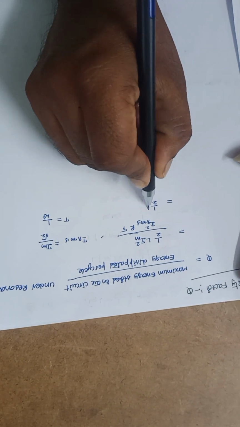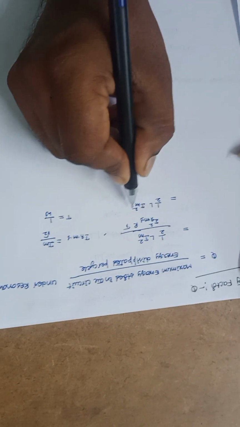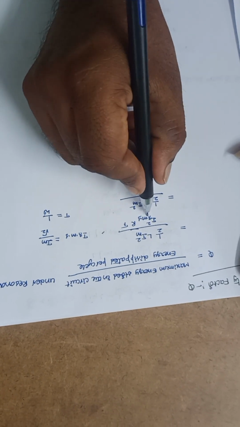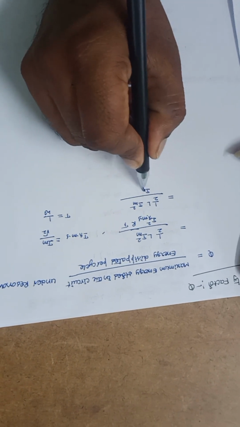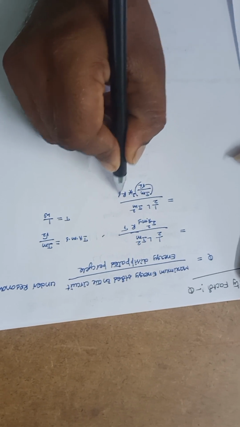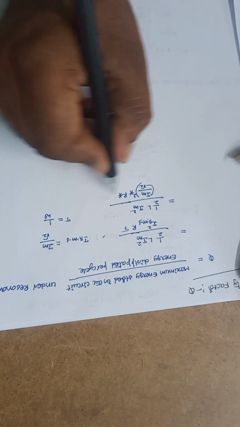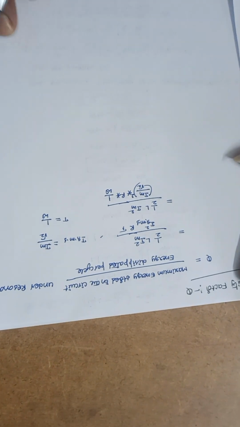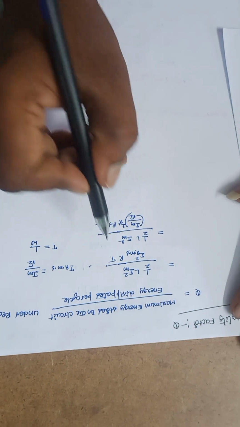So I can write it as half L into Im square divided by Im by root 2 whole square into R into 1 by omega, the inverse of the frequency.